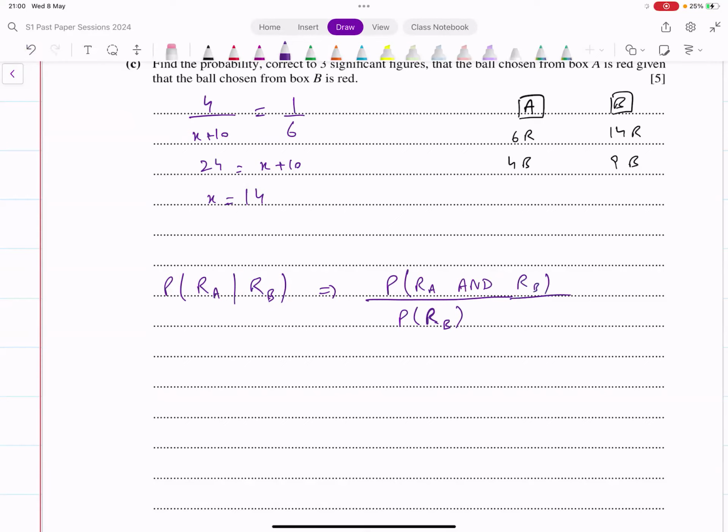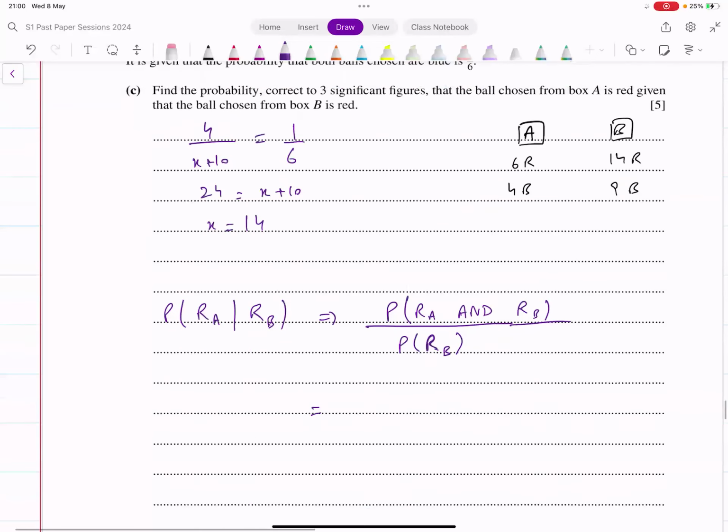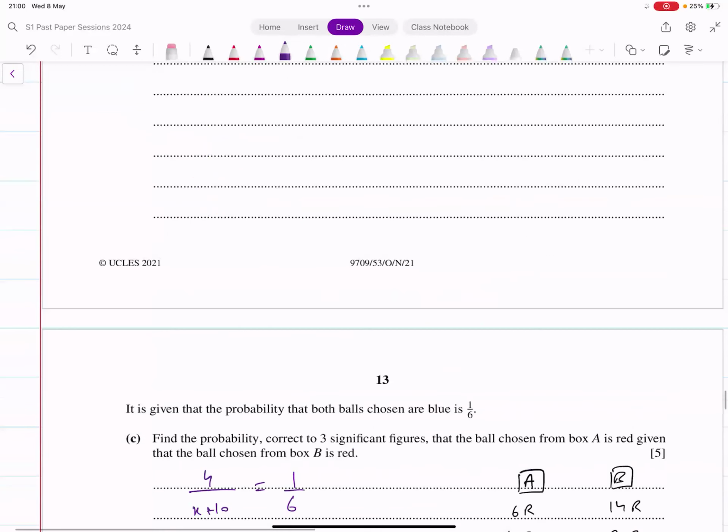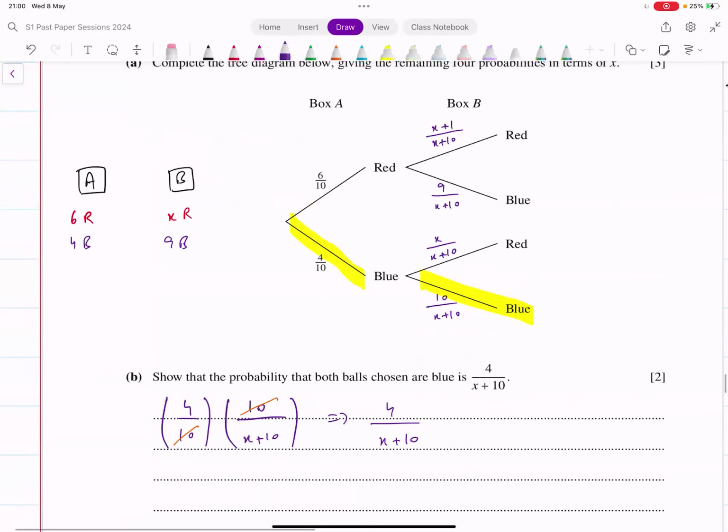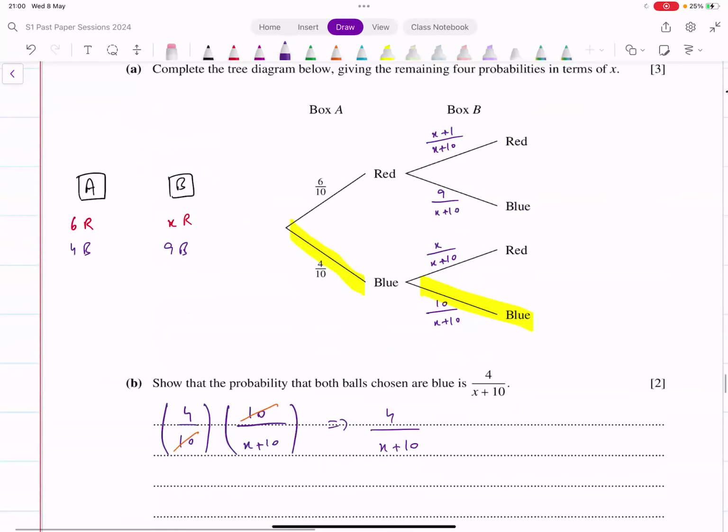In the numerator, you want both conditions to be met, the intersection of both of those cases. Now, what's the probability of the ball chosen from box B being red? The denominator. B can be red in either this case or this case.